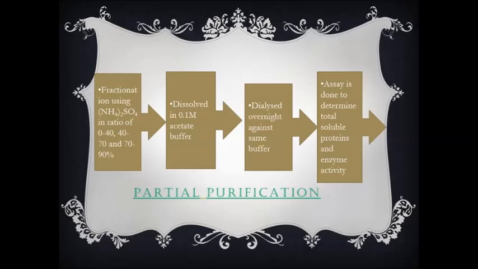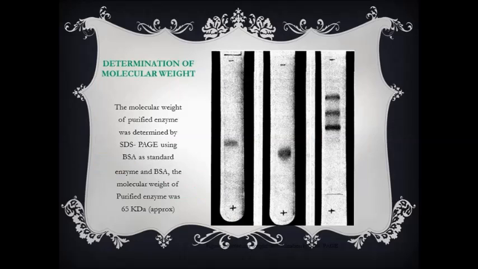Assays were done to determine total soluble proteins and enzyme activity. The molecular weight of the purified enzyme was determined by SDS-PAGE using BSA as a standard. The molecular weight of the purified enzyme was approximately 65 kDa.